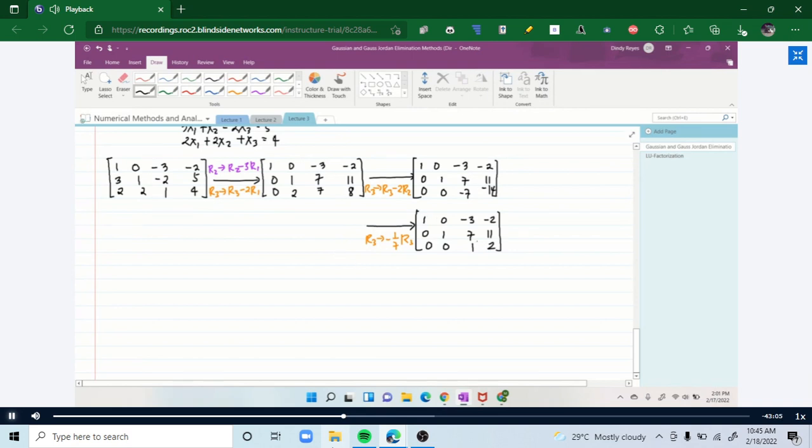And then since the third column already has a leading entry, we have to make these two numbers both equal to 0, these two entries above the leading entry in the third column. So that could be the last two steps.